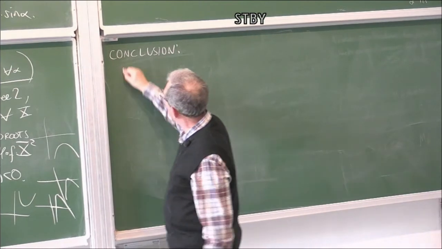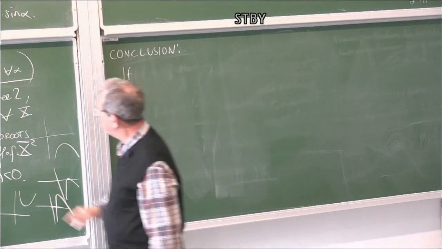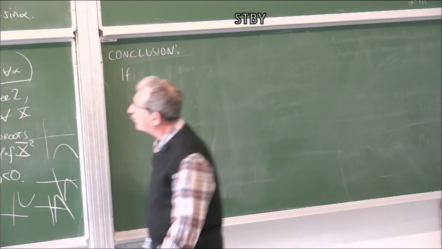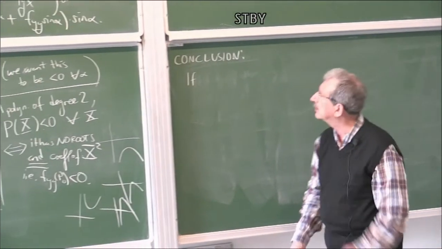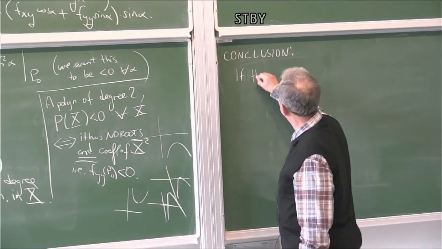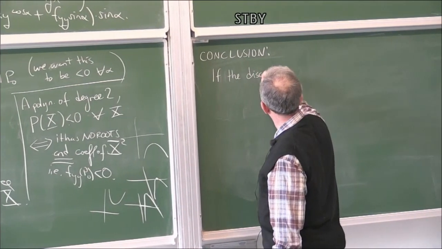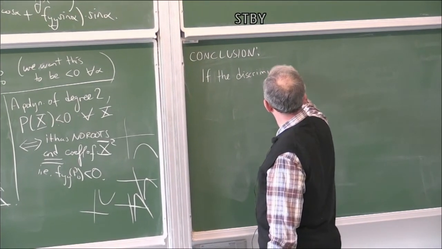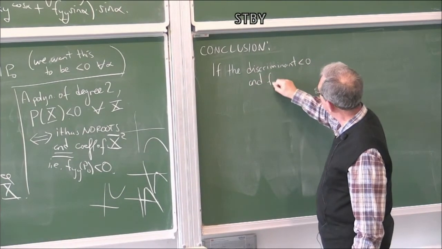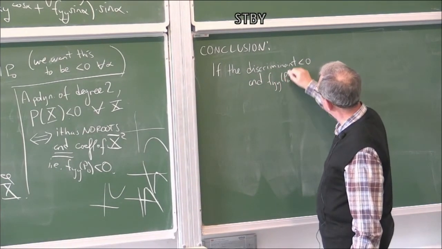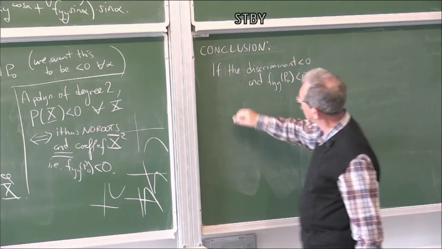Okay. If, okay, the polynomial has no roots, but this means the discriminant is negative. And f_yy at P0 is negative.